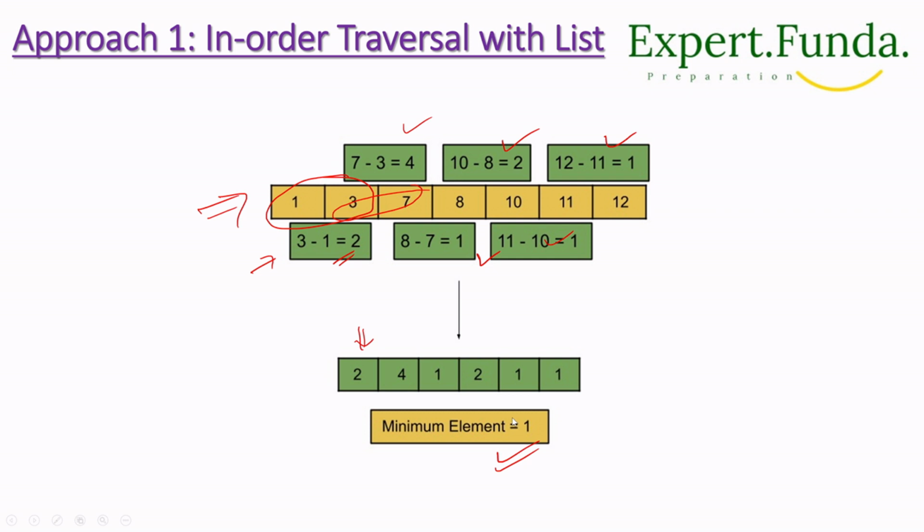So you have understood the way: after getting the differences, we have checked the difference with the element on its left and found the minimum of all such differences.